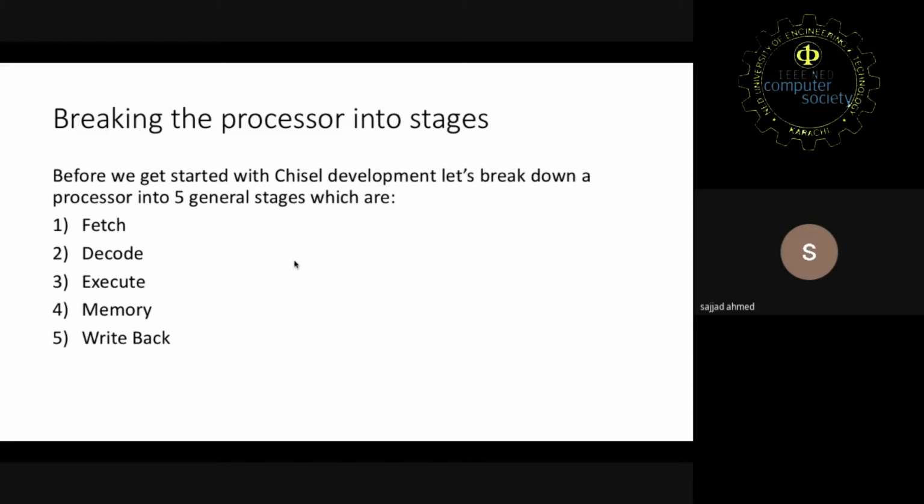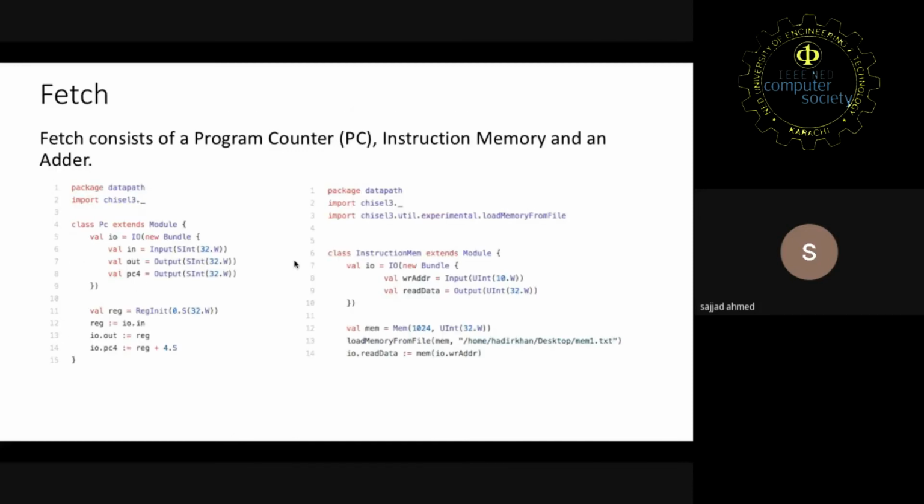Now we will look at them one by one. In the fetch stage, we have 2 sub blocks. One is program counter, and another one is instruction memory. Program counter holds the address of instructions which are going to be executed.